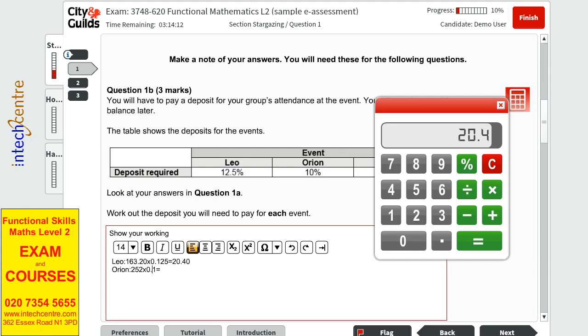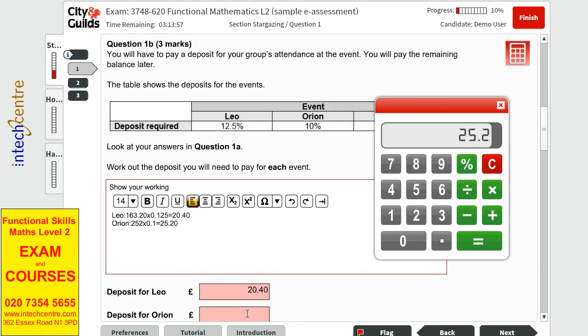Alright, so again, use the calculator to avoid any calculation errors. We have 25 pounds point 20 pence deposit to pay for Orion.